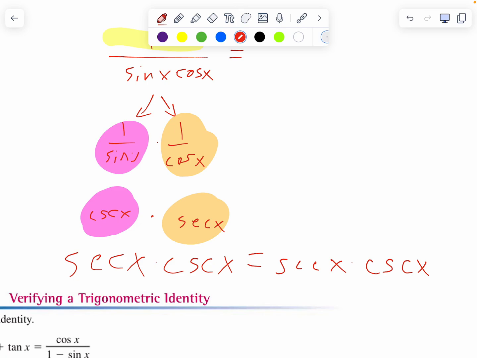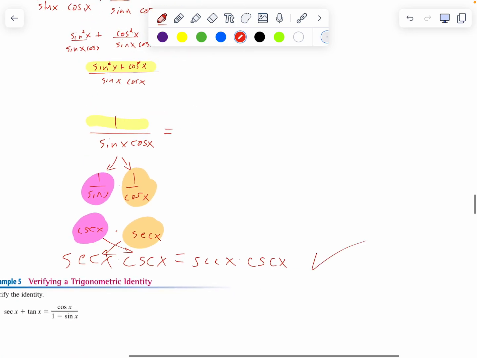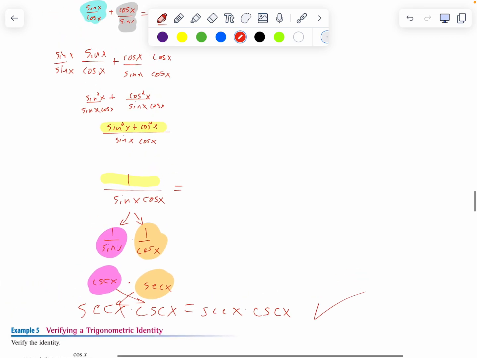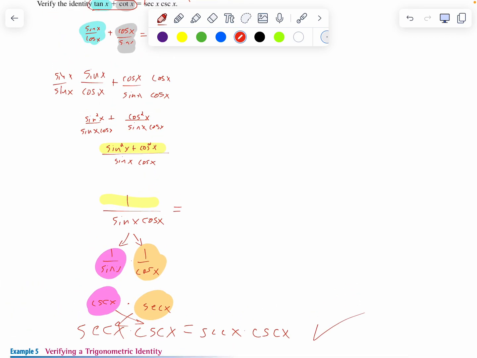So again, by the commutative property of multiplication, you can switch things around. 2 times 3 is the same thing as 3 times 2. So cosecant x times secant x is the same thing as secant x times cosecant x. So you can just flip them around. Check. Done. I'm done with example 4. I've verified example 4. And I'm going to end this video now.